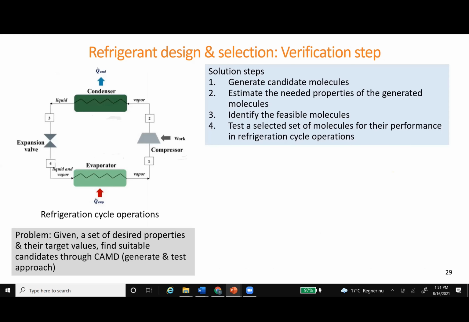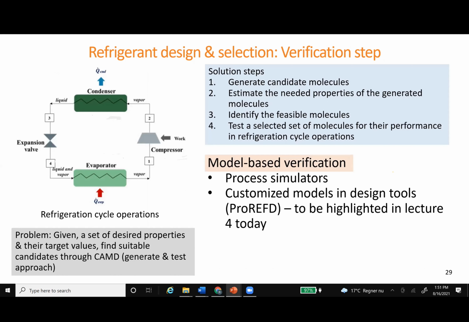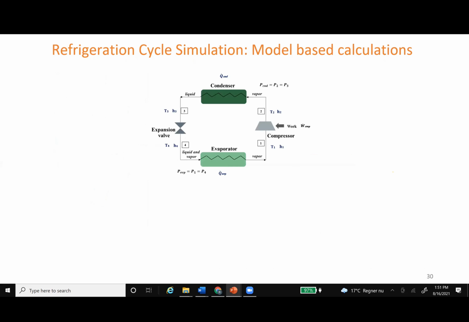So the verification step needs a model for the refrigeration cycle. Process simulators can do that if you can set it up. You can set up a customized model together with the design tool, which is in ProRefD, that will be highlighted in lecture 4 today. So I will just briefly give you what is needed there.